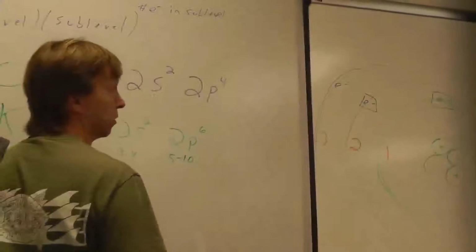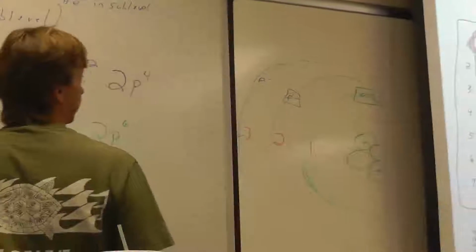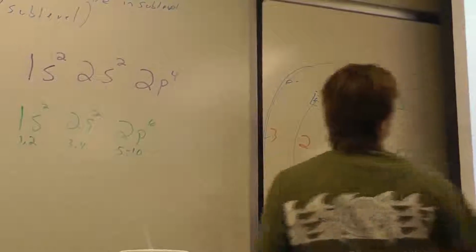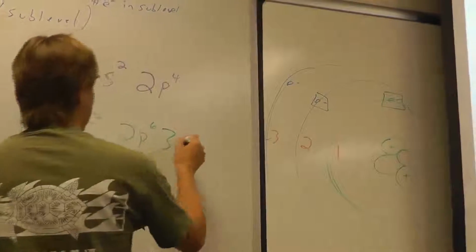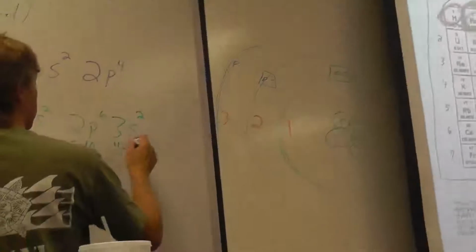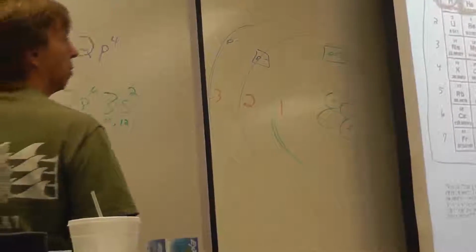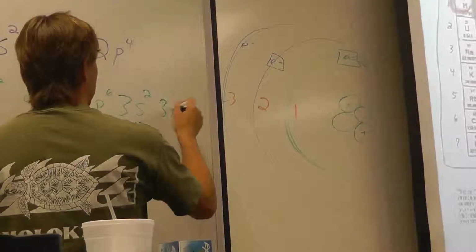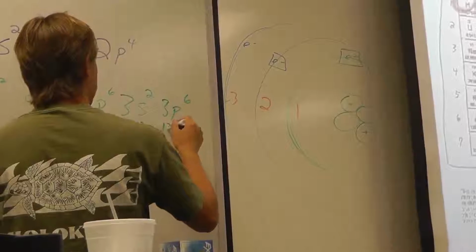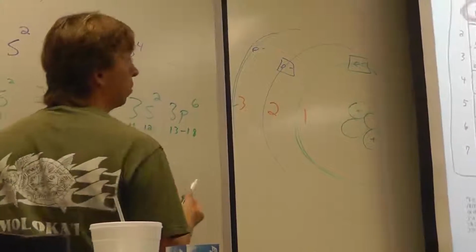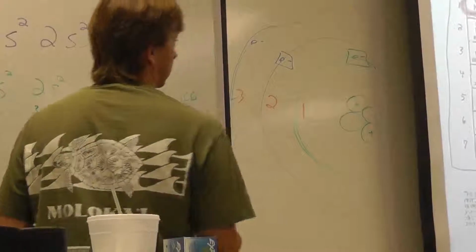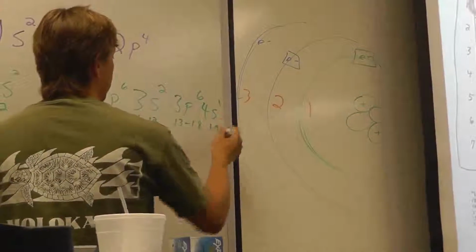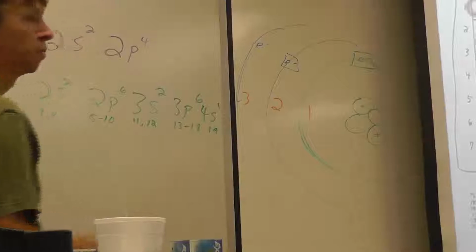Where's the 11th and 12th? 11 and 12. 3s, 3rd row of the S block, right? Where are 13 through 18? 3p, 3p6. And then there's one more, electron number 19, 4s1. And that's where you stop because you've reached the symbol for potassium.